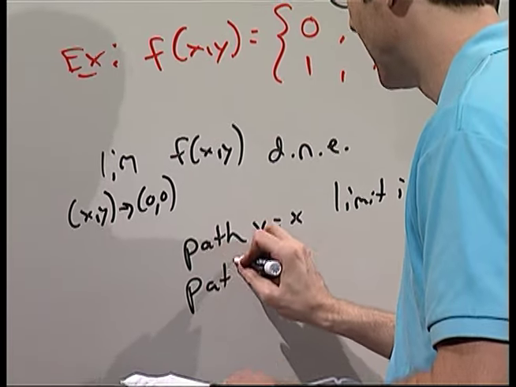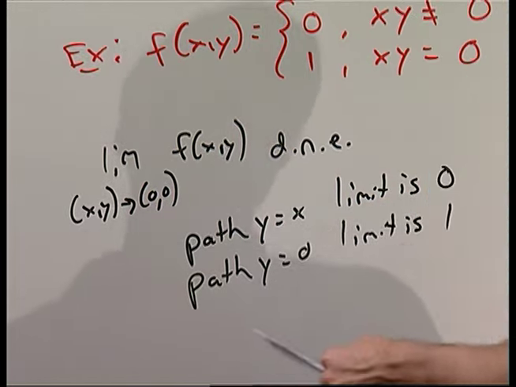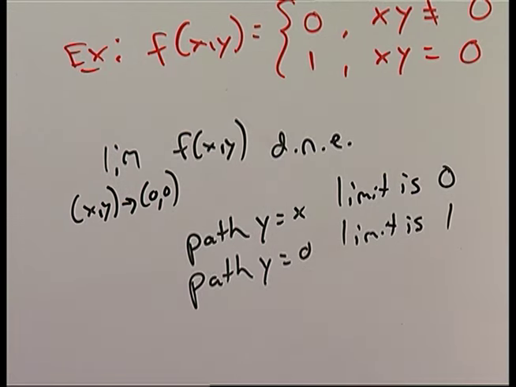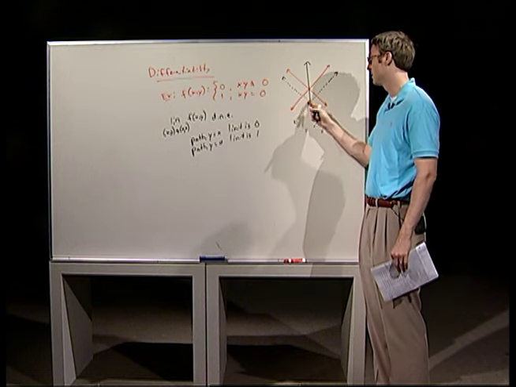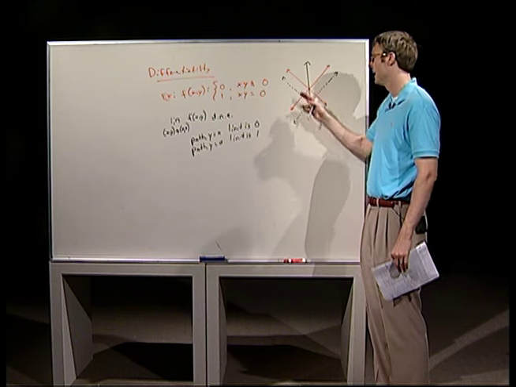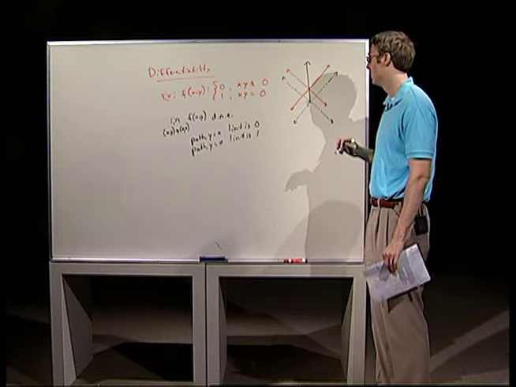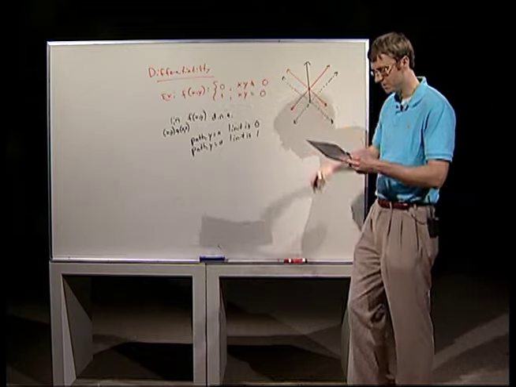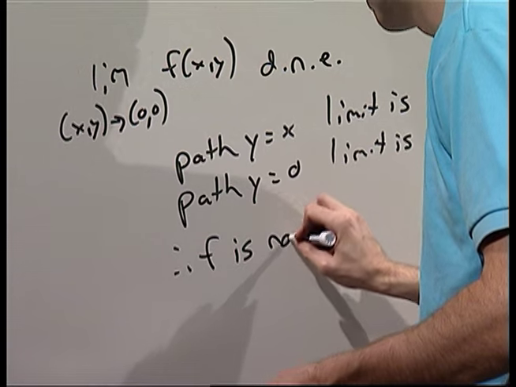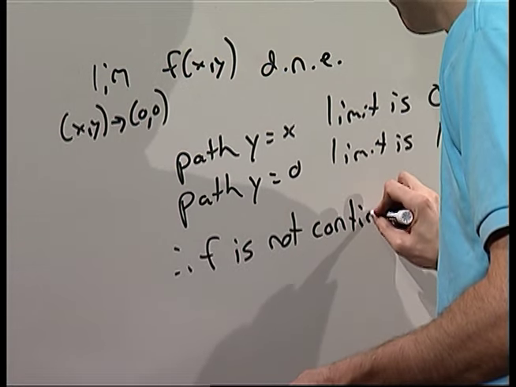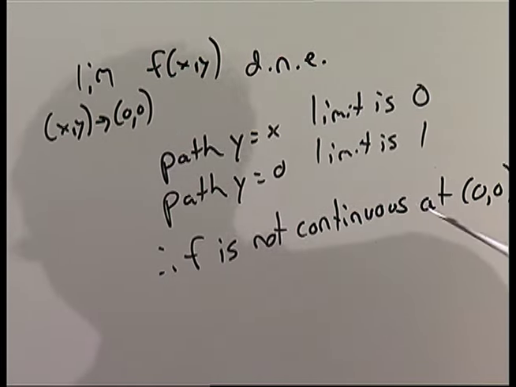If you walk along the path y equals 0, the limit is 1. So there are two different paths that approach (0,0), one of them down here in the xy plane, and one of them entirely along this orange weather vane. So the limit doesn't exist. Because f is defined at (0,0), but there's no limit, f is not continuous.